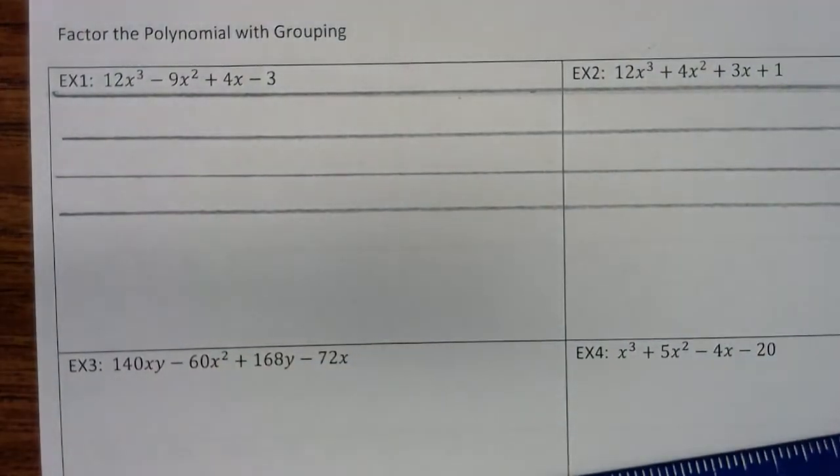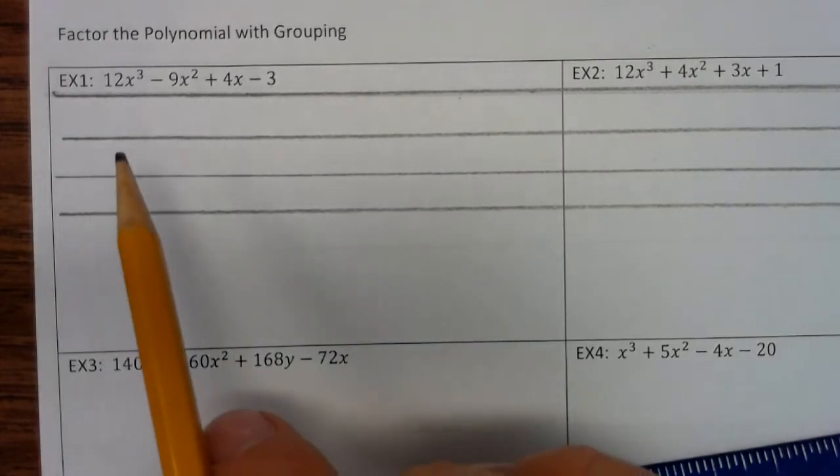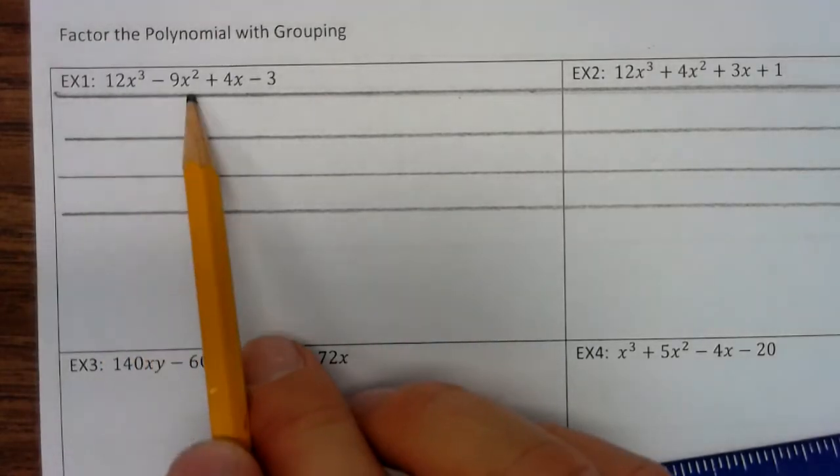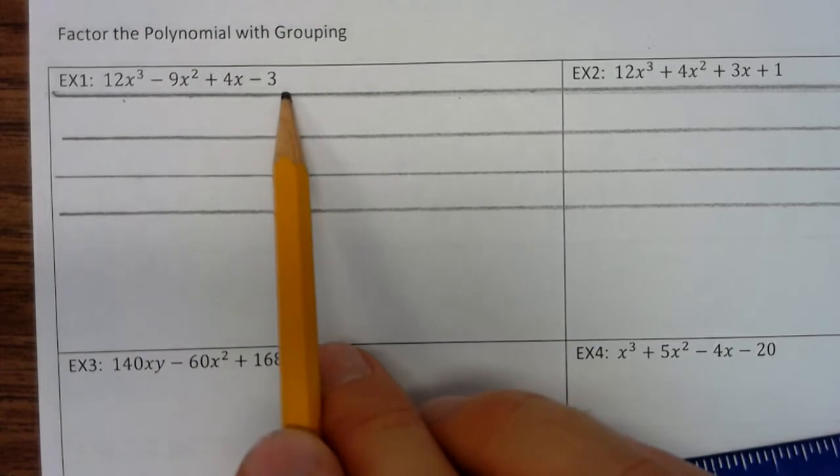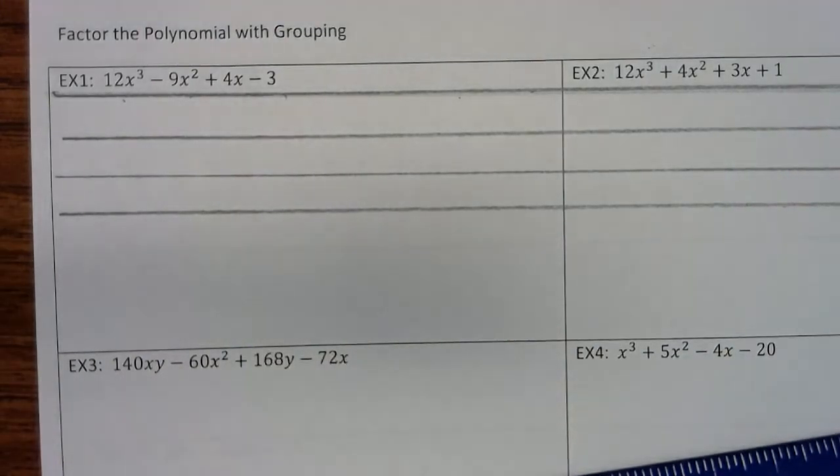Now step 1, group terms. They're already grouped. You want the highest powers together, and they are, and then the x and the number here. Now it says factor common monomials from each group.